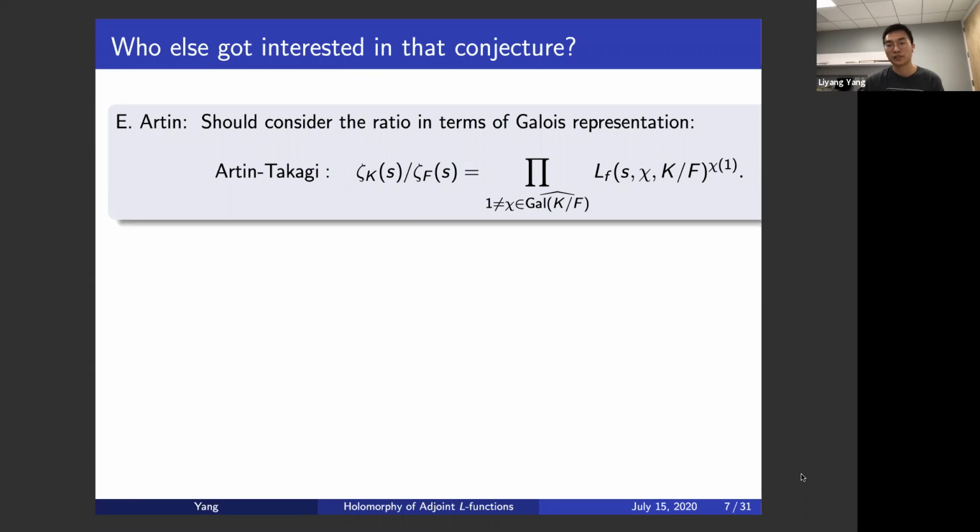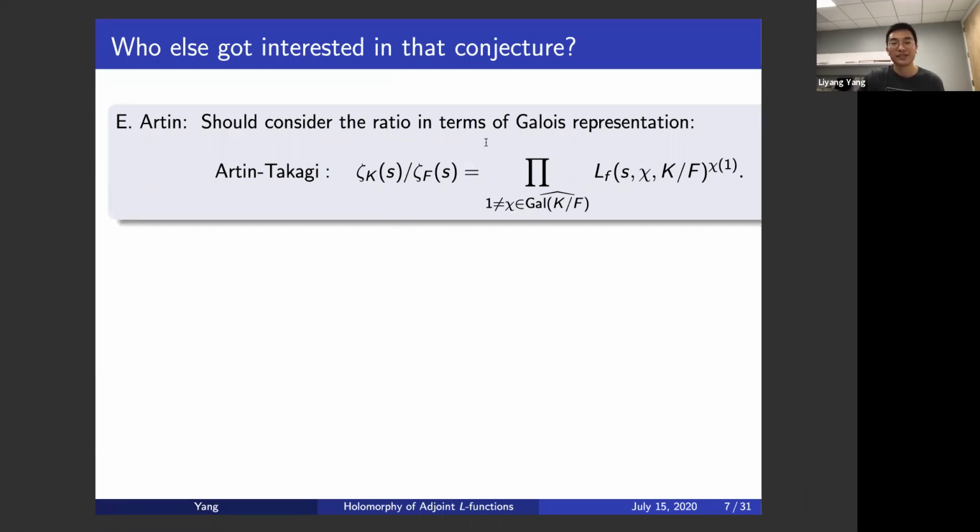It's initially defined by a local product of L factors from Galois representations, and the infinite product converges absolutely when the real part of s is large enough, namely on some right half plane. And nowadays we know it admits a meromorphic continuation. Since Dedekind's conjecture, the left-hand side should be holomorphic.